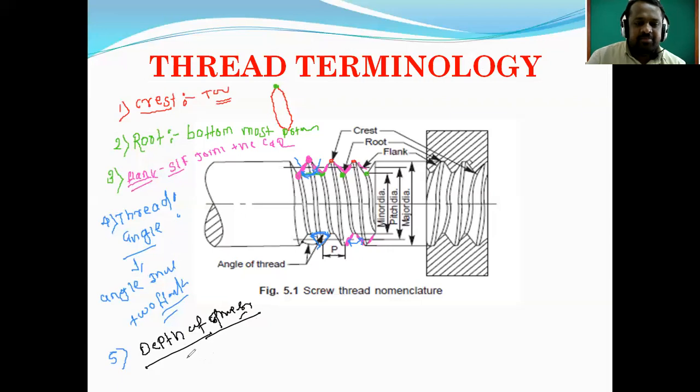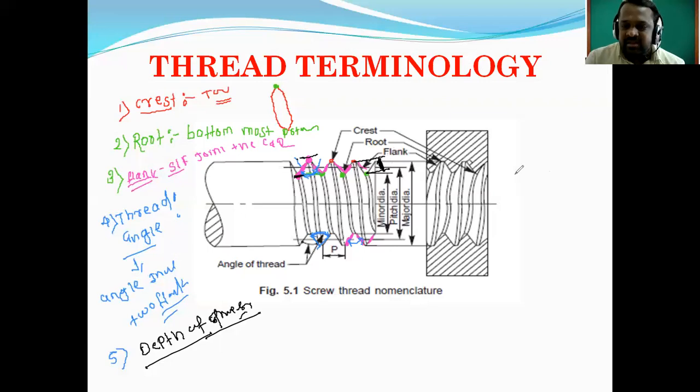Correct. The depth of screw or depth of thread is nothing but the distance between crest and root. This distance is called the depth of thread.